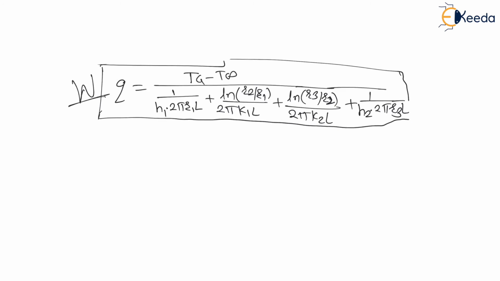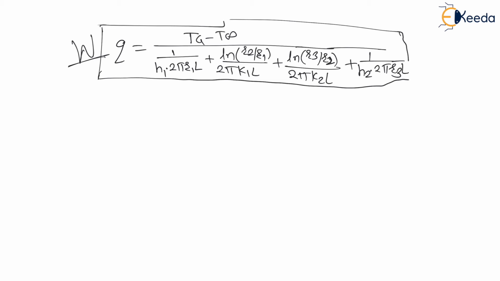Now, my dear students, there is a concept of the overall heat transfer coefficient. For this, Q is written as UA delta T, where delta T is the total temperature difference. Therefore, it is UA into Tg minus T infinity. Now, this area for the cylinder is continuously varying. If I calculate the overall heat transfer coefficient based on the inside area, that is A1, it will be Ui, and Q becomes Ui Ai Tg minus T infinity.